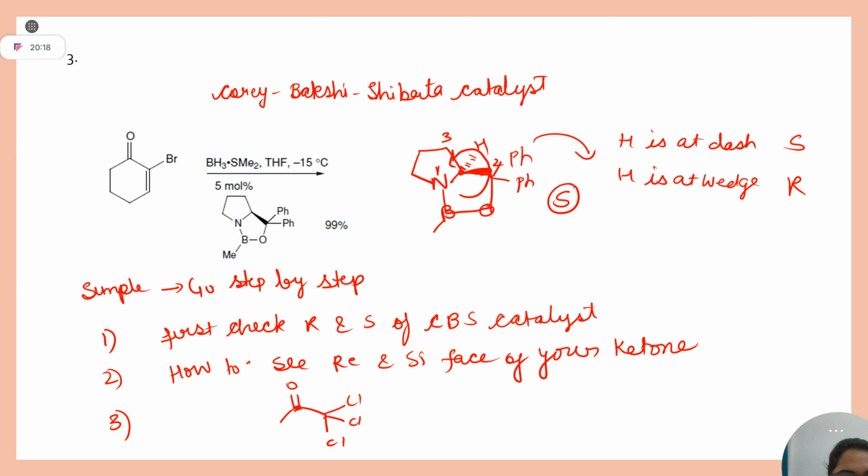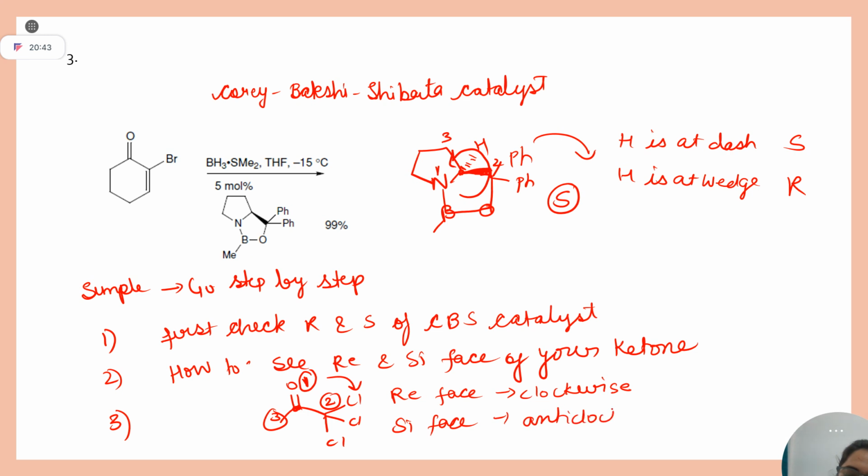Here the first priority will always be carbonyl, second is this, third is this. Clockwise means Re face, and Si face means anticlockwise. This is not a mnemonic, this is nomenclature. You have to learn it.